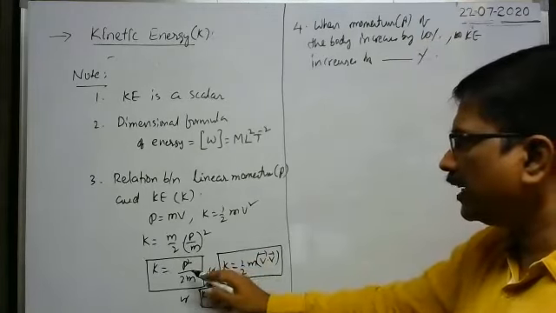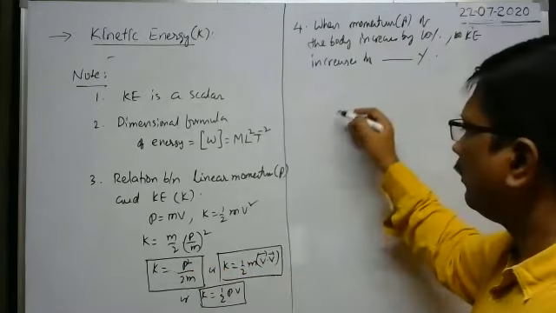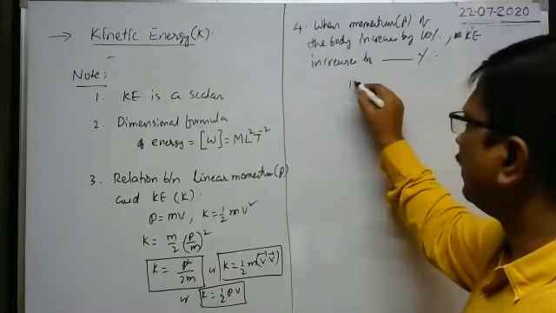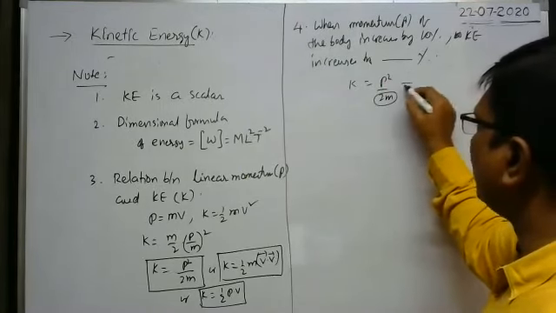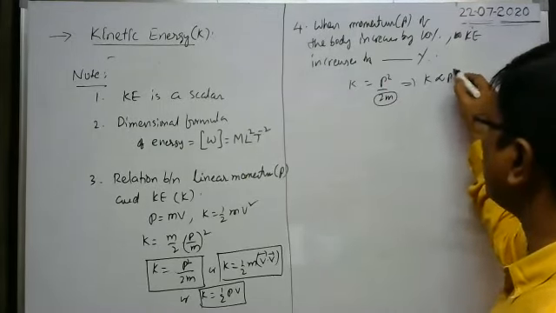So we have to obtain the relation between kinetic energy and momentum. Kinetic energy momentum relation we can write now, because m is constant. That's why kinetic energy is equal to p square by 2m. Here m is constant, that implies kinetic energy is directly proportional to momentum square.